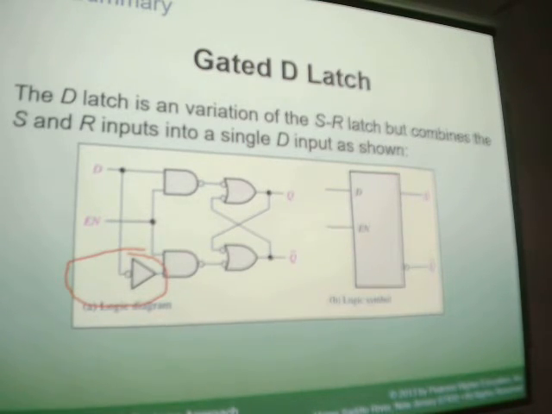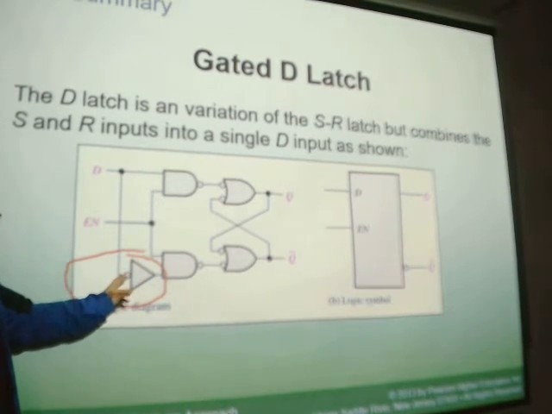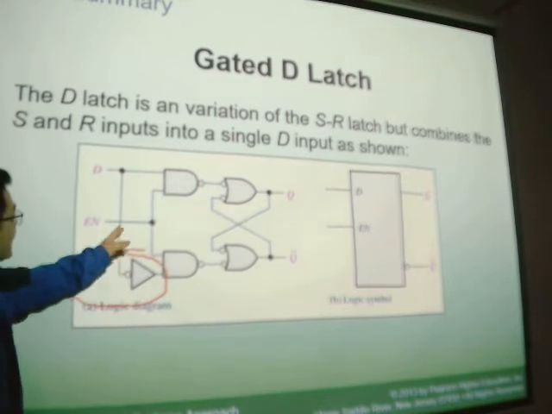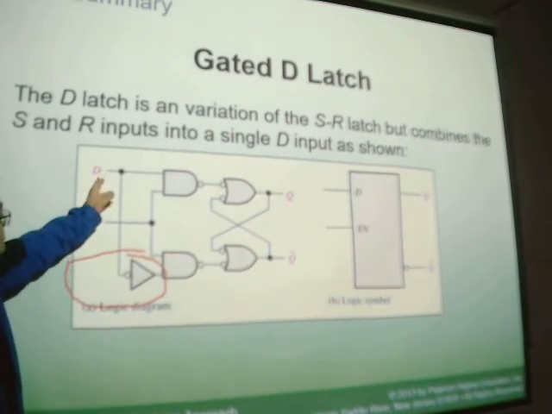Because we know that S bar and R bar are not permitted to both be one, we can make S bar equals 1, R bar equals 0, or S bar equals 0, R bar equals 1. So we can use an inverter and connect the two inputs to one input.